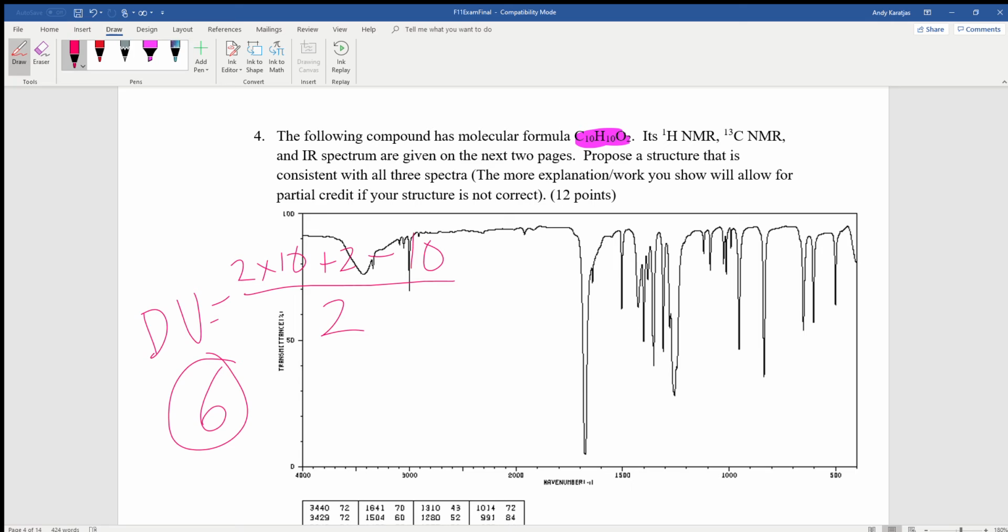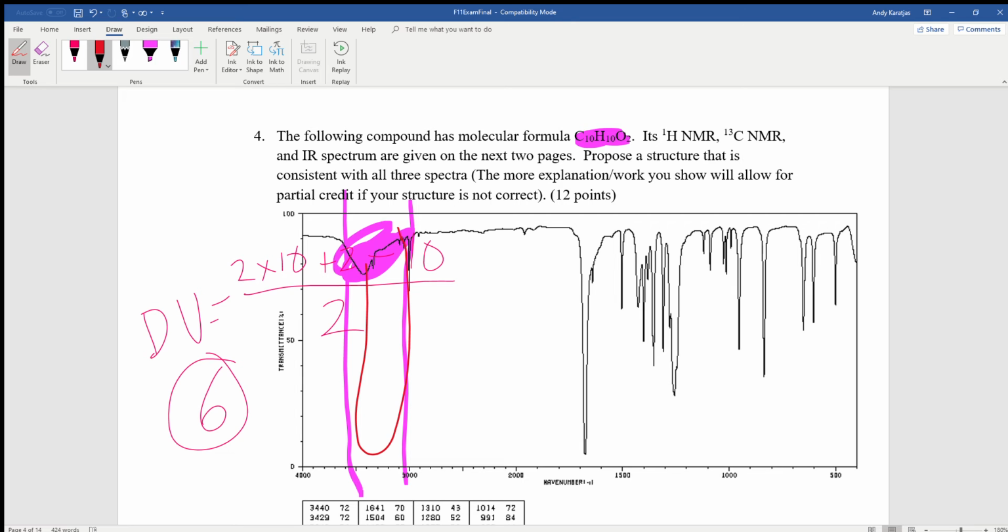So from here we can start looking at what we find in our structure. First region we may look at is our 3000 to 3500 region. And we notice we have a very small peak up in the high 3000s. This is in the right range for an alcohol, but we know from doing many of these in the past that an alcohol will usually be a much stronger peak.